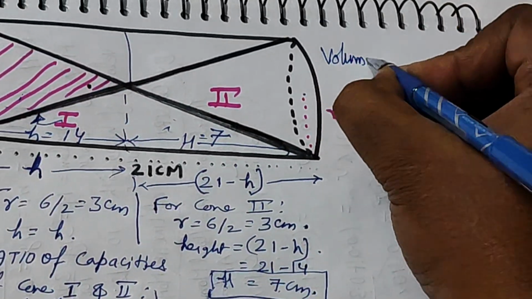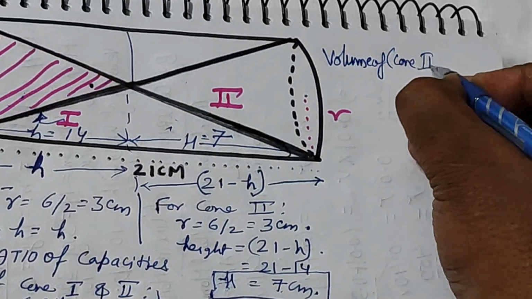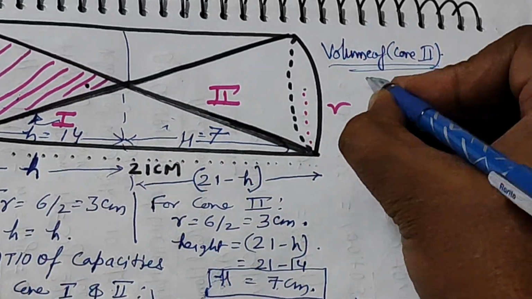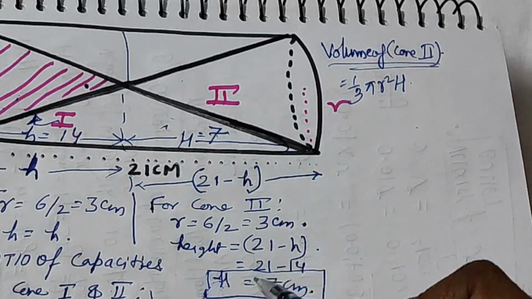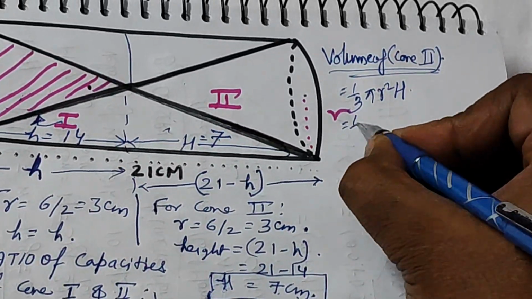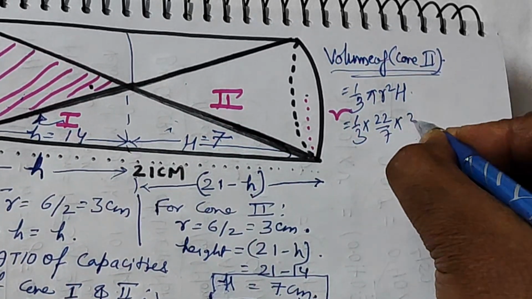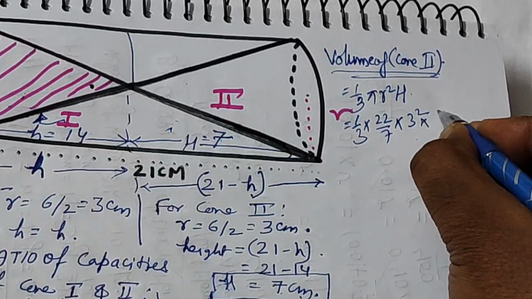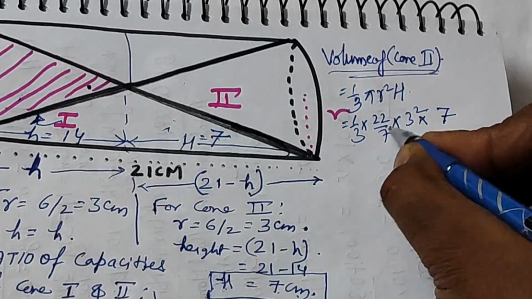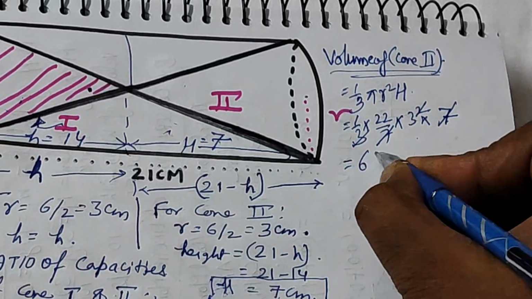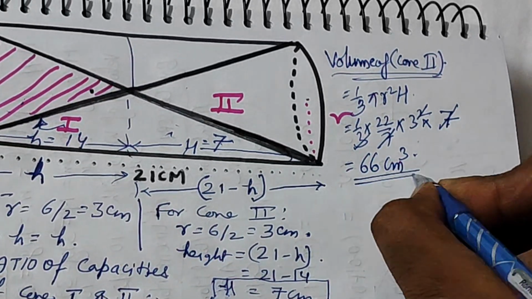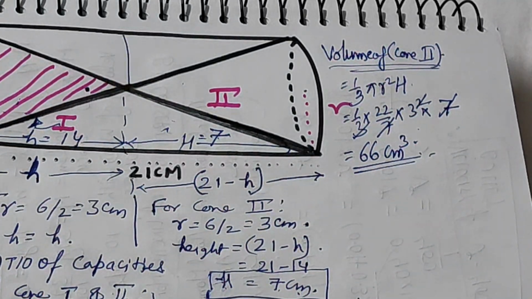Now the volume of cone 2, what's that? Volume of cone 2 is calculated by using the same formula, 1 by 3 pi r² into height, but height of the second cone is calculated as 7 centimeter. So just put up this value to get the volume of cone 2 as 66 centimeter cube. So this is our answer. 66 centimeter cube is the volume of cone 2.